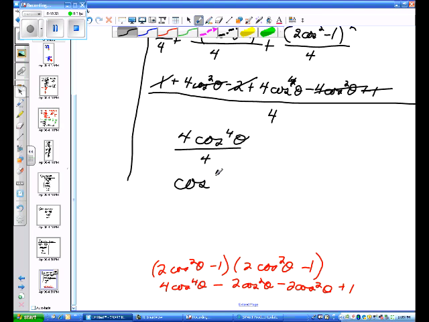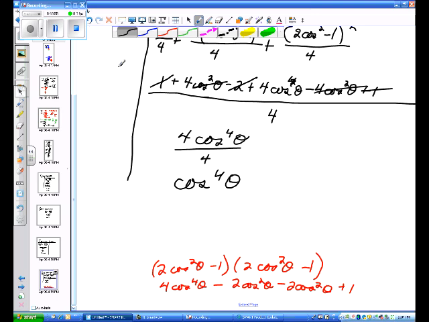My 4's divide out, and I have cosine to the fourth theta, which is what I was trying to find. So I wanted to show you this one because you may need to go back and look at your squared functions also and use them. You may need to use your fundamental identities, but it's just a matter of usually expanding one of the sides.